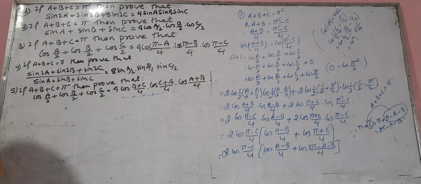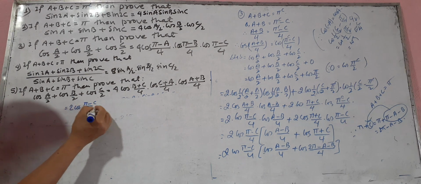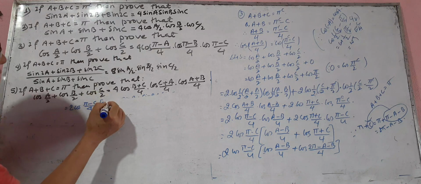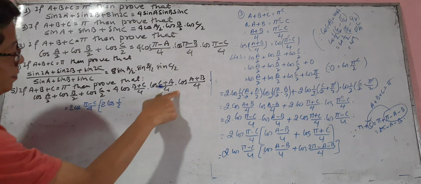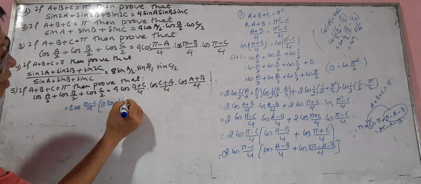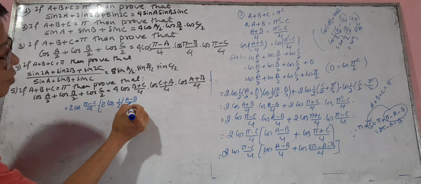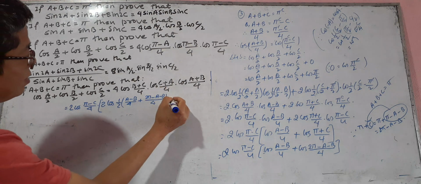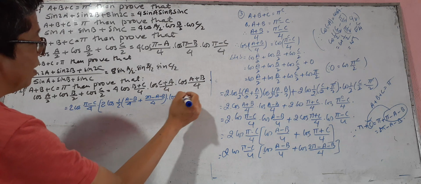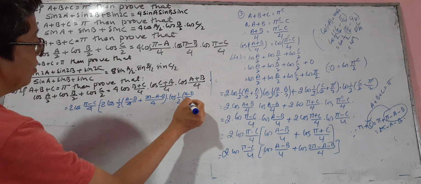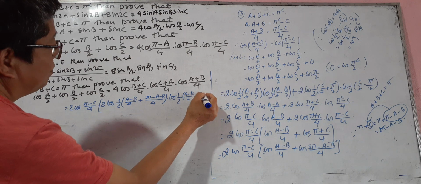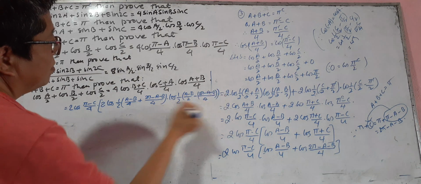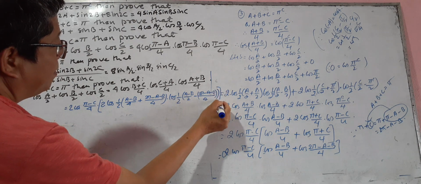Look here, 2 cos (pi minus c)/4 times, so cos c plus cos d, the formula is 2 times cos 1/2 (c plus d), that is (a minus b)/4 plus (2 pi minus a minus b)/4, and cos 1/2 (c minus d), that is (a minus b)/2 minus, you put the bracket, (2 pi minus a minus b)/4. Okay, this is closed.